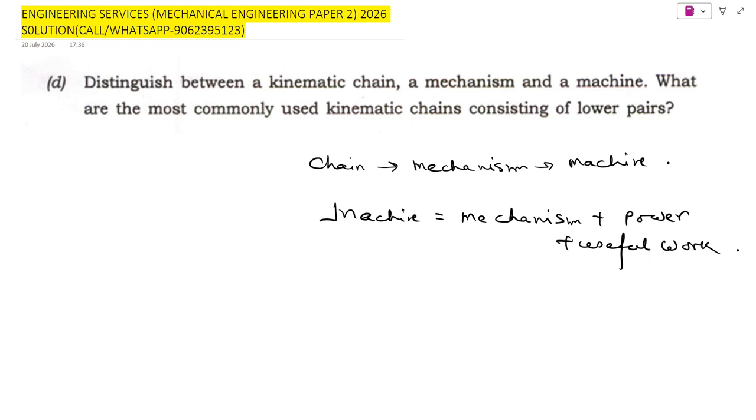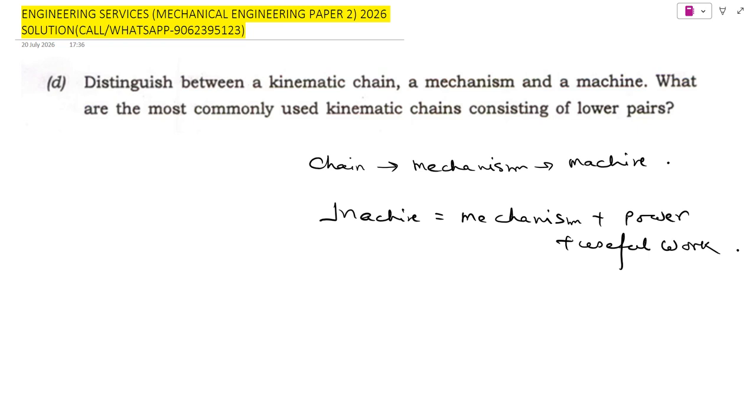For the mechanism, it is to transmit or transform the motion, and for the machine, it is to perform useful mechanical work. For power transmission, it is not necessary for the kinematic chain. For the mechanism, it may or may not transmit power, and for the machine, it always transmits power.